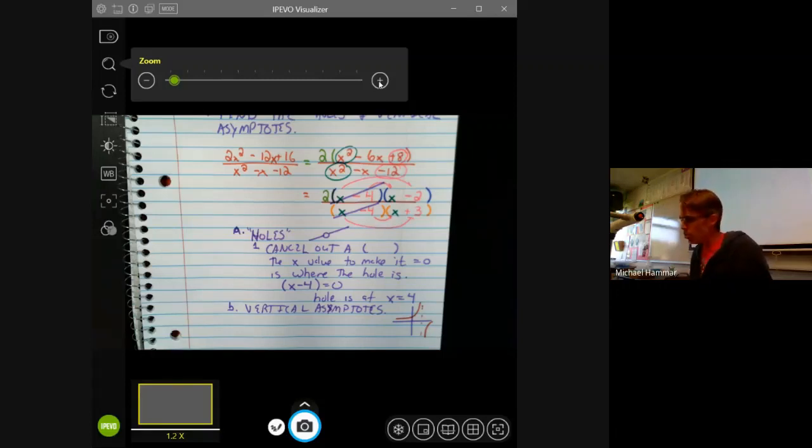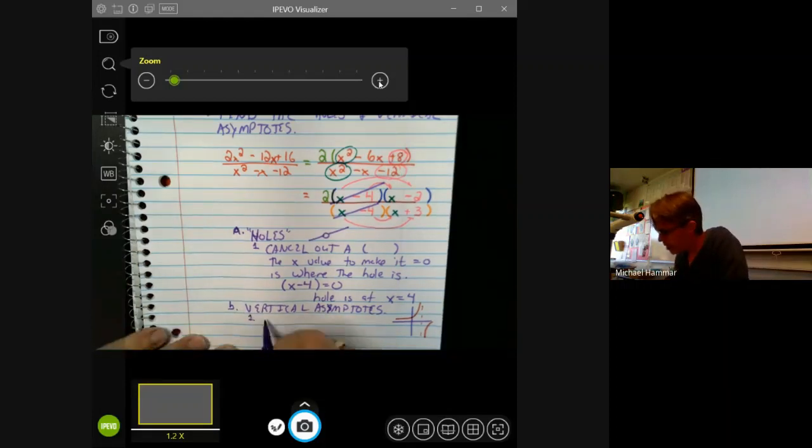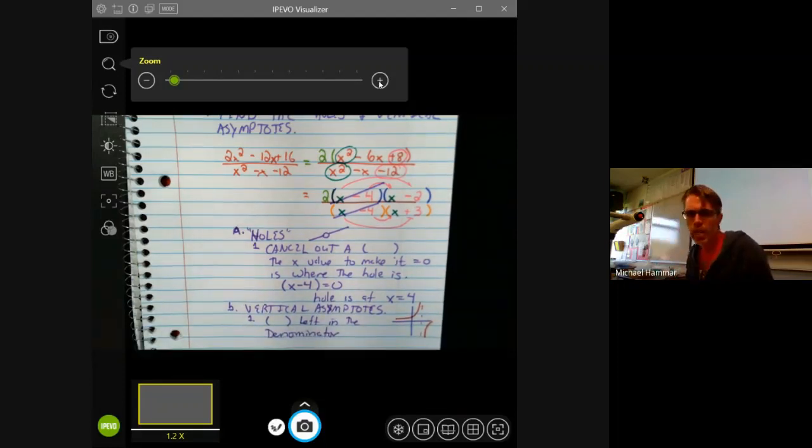So where do those occur? Well, those occur in the parentheses left in the denominator. So if there's anything left in the denominator that isn't canceled out, that's where the vertical asymptote is.